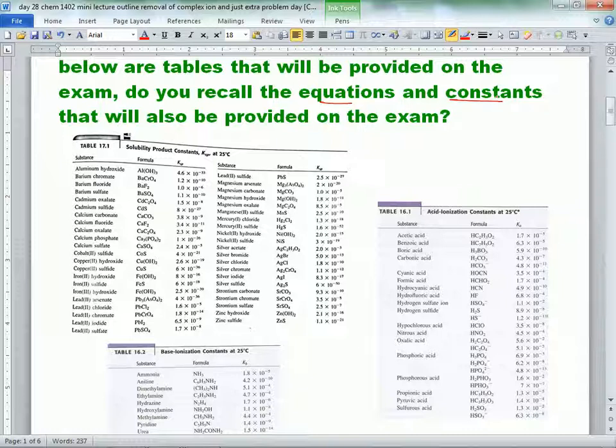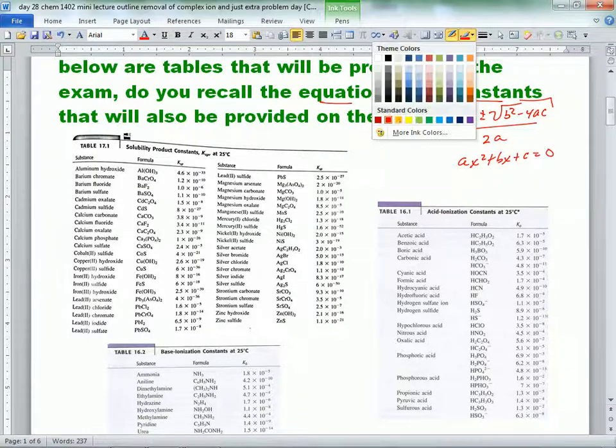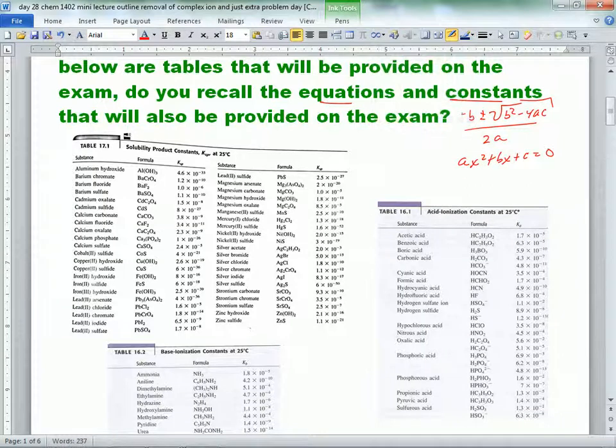Oh, you're talking about that quadratic formula. Okay, that's where you have ax squared plus bx plus c equals 0. I don't remember if we had that or not, honestly. I know we had it in the last exam.